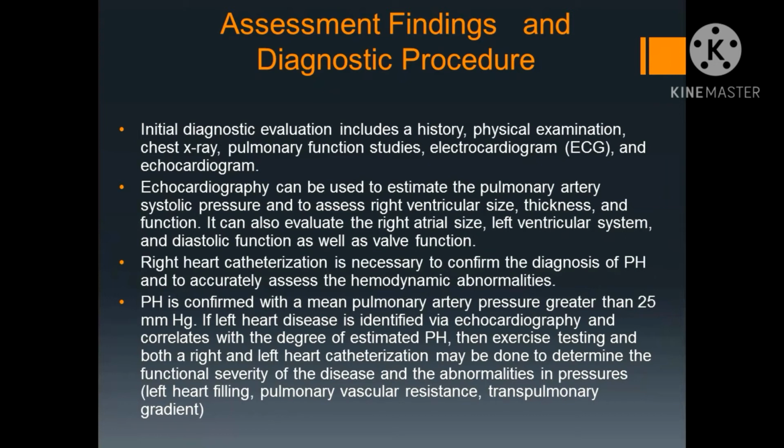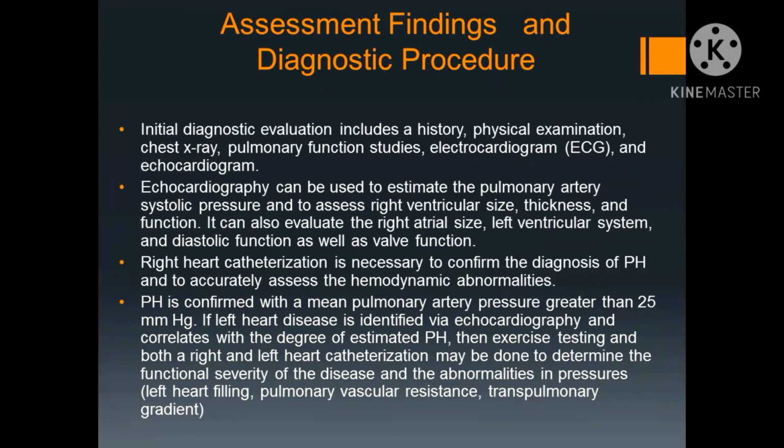It can also evaluate the right atrial size, left ventricular systolic and diastolic function, as well as valve function. Right heart catheterization is necessary to confirm the diagnosis of pulmonary hypertension and to accurately assess the hemodynamic abnormalities.